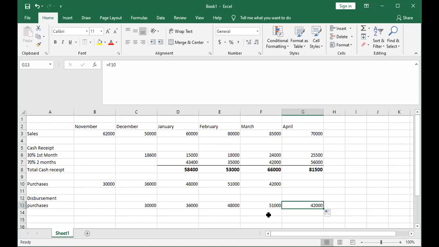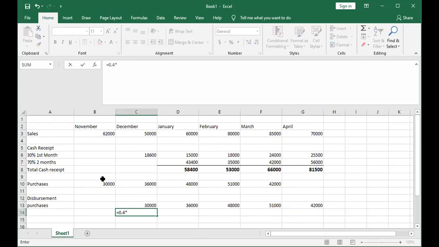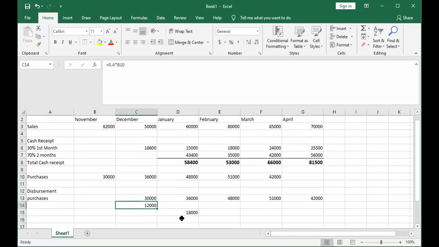So basically you have to calculate it one by one. For example, 40% in the first following month, so you have to calculate it like this. This is just an example. And the remaining will be paid in the two following months, so the remaining is 0.6 times, so it's like this.